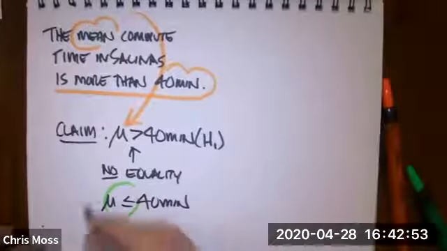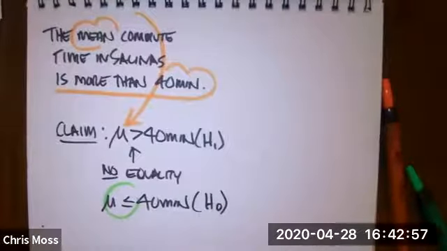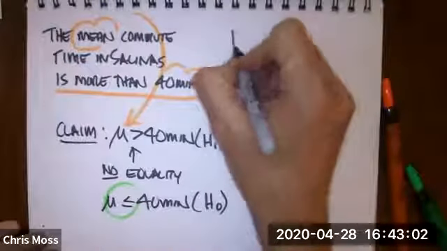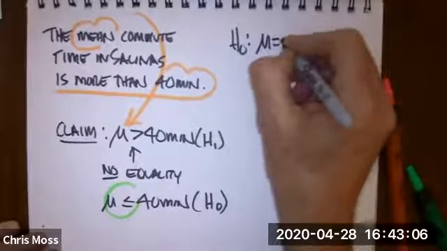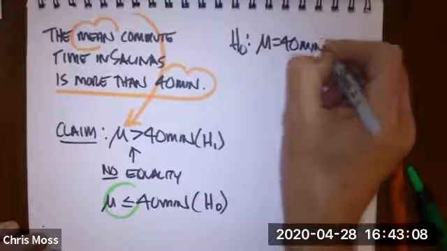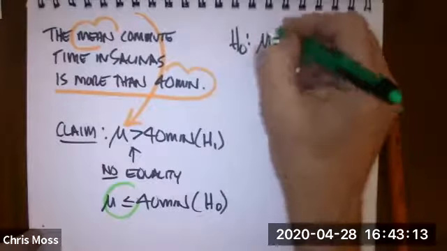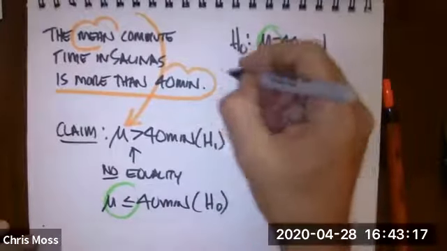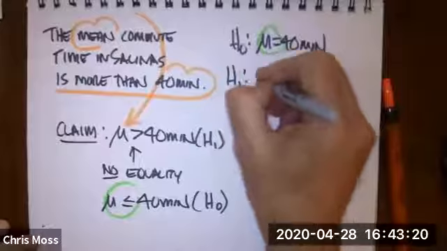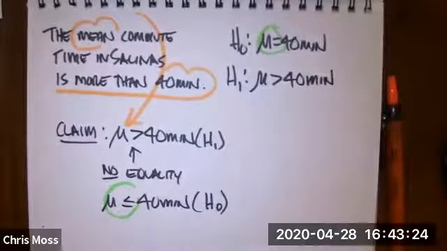So it's clear that this particular statement must somehow now become the null hypothesis. So if we bring that all back, we've got the null hypothesis, mu equals 40 minutes. And again, regardless of the translation involving equality, the convention is to write that with an equals. The alternative, mu is greater than 40 minutes.